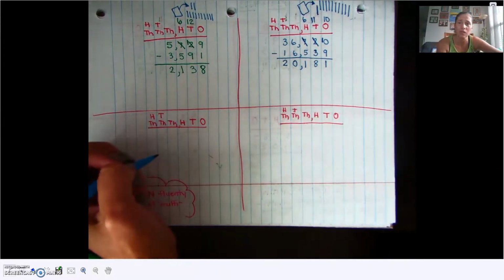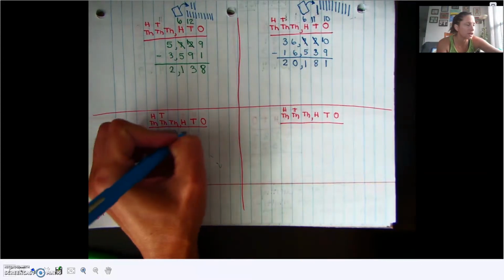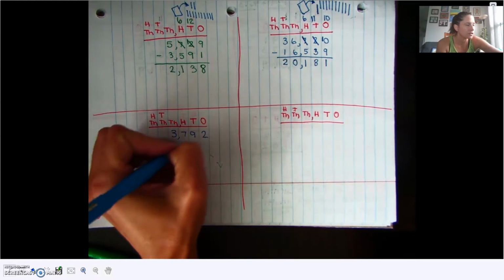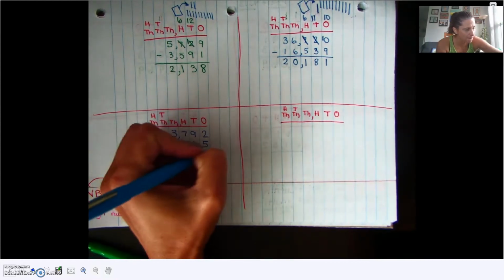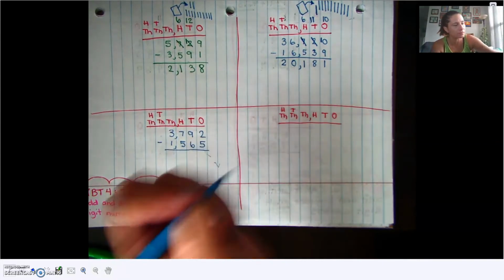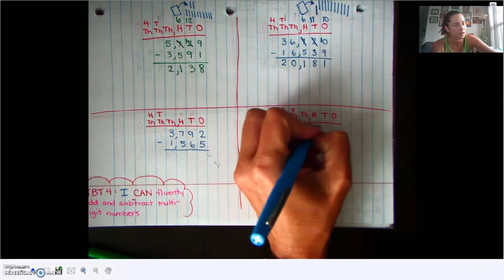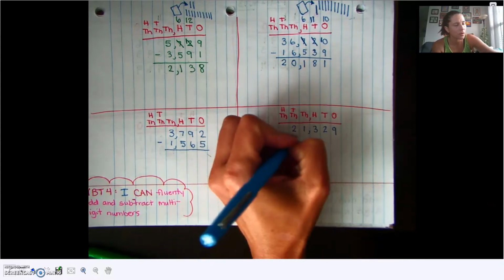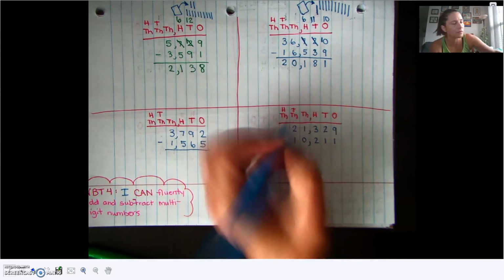All right, so the ones that you're going to do on your own is we are going to do 3,792 take away 1,565, and then we're going to have 21,329 take away 10,211.